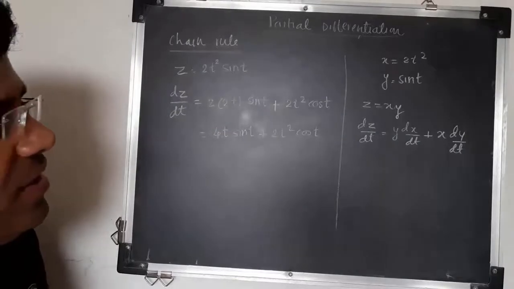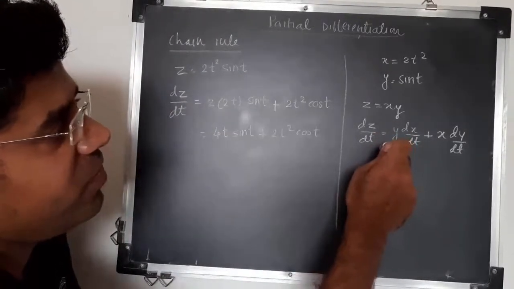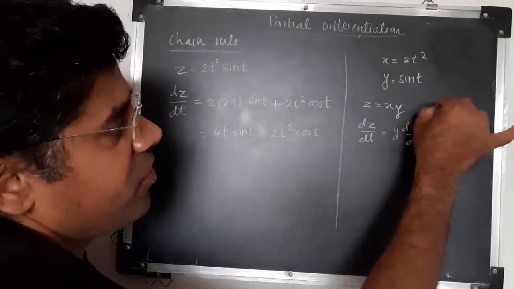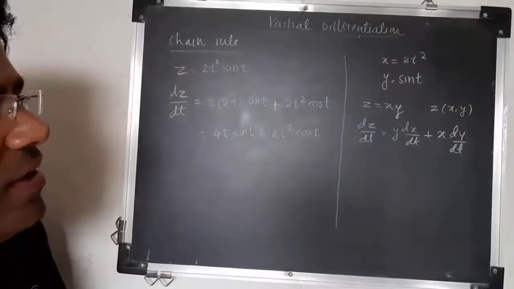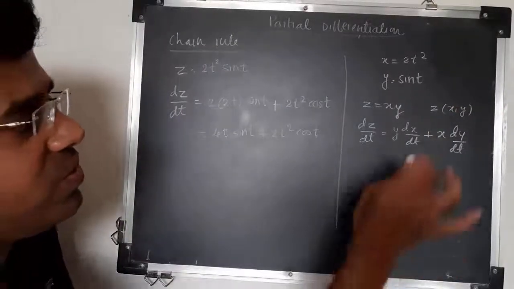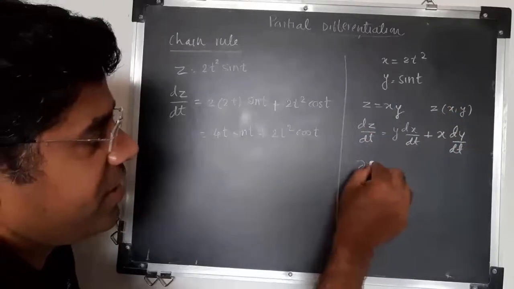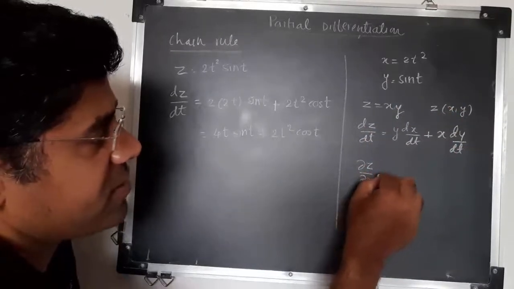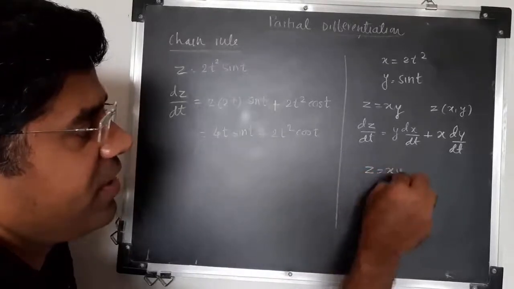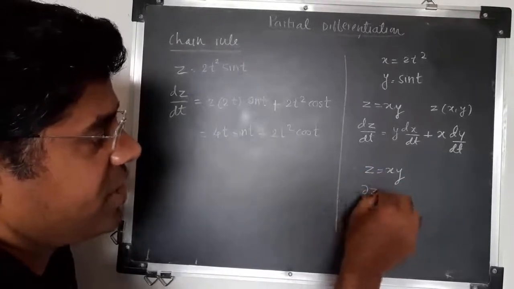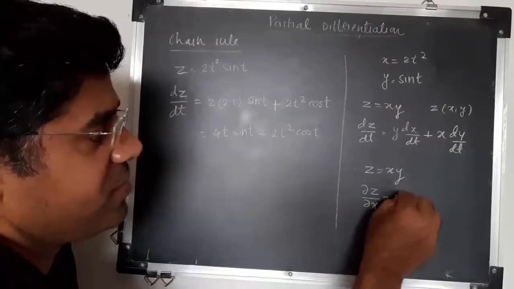Now this y I can write in terms of what? Here z is a function of two variables x and y. Suppose z is equal to xy. So del z by del x you can write as y.